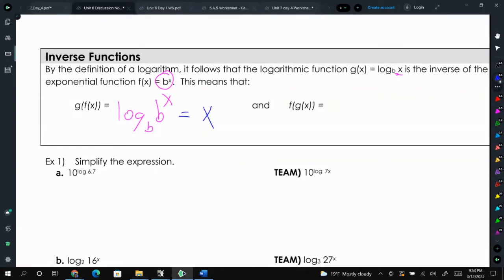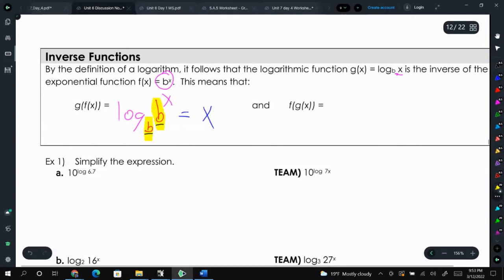So generally, we can make this assumption that when we have log base b of b to the x, where those two things match, you can just simplify all that to whatever this exponent is. And we haven't seen that before. We've seen log base b of a number equals something, but we have not seen log base b of b raised to the x power. We will see that down here a little bit.